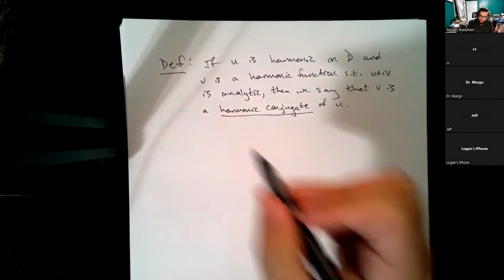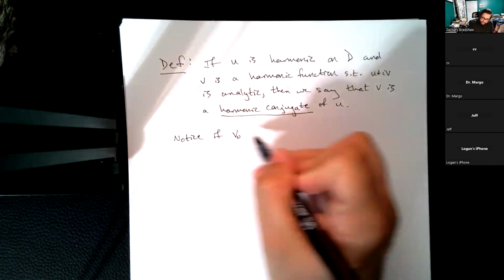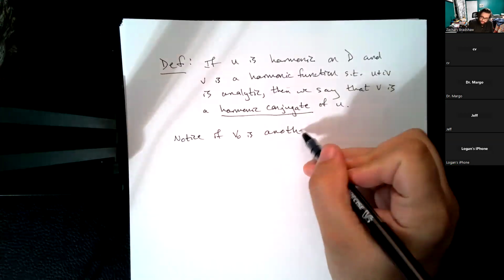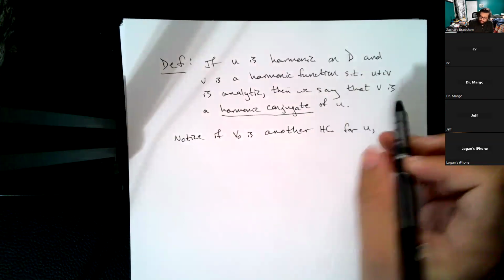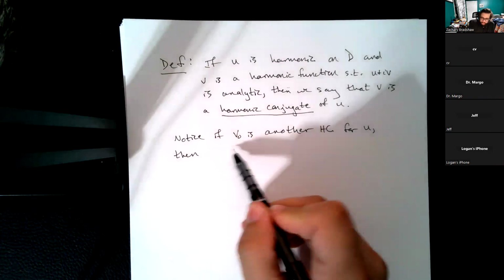Okay, notice if v0, let's say, is another harmonic conjugate, well, let me write it explicitly.